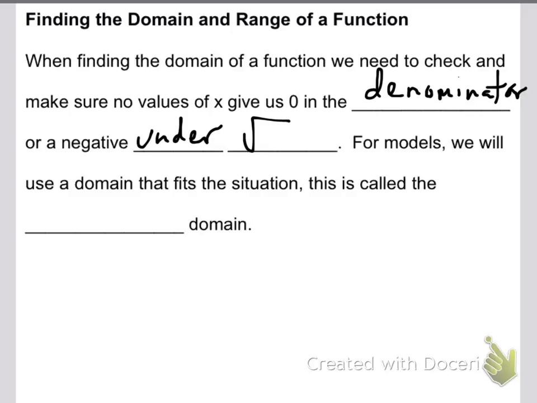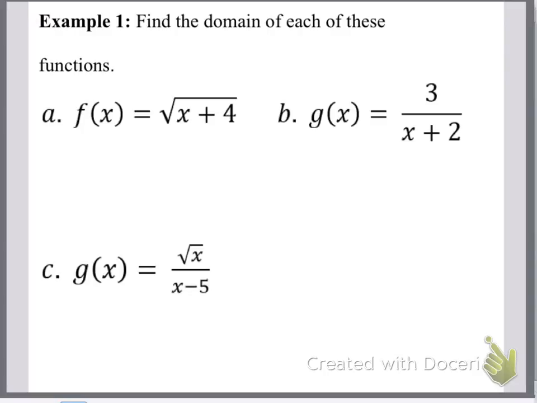For models, we will fit the domain to the situation. That's going to be called situational domain. Actually, we'll call it relevant domain. Sorry, I thought it was situational. It's relevant.